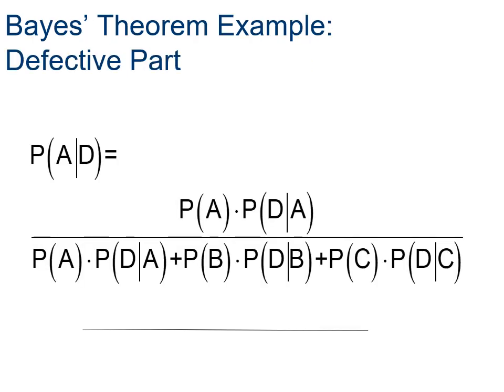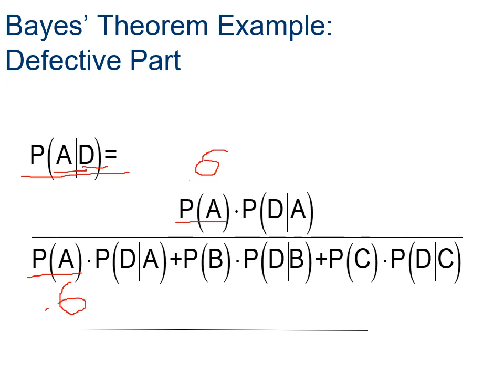All right, so continuing with our example of Bayes' theorem. The probability that a part came from A if we know that it was defective is equal to the probability that it came from A. If you remember, that was 0.6. I'm going to plug that same thing down here.